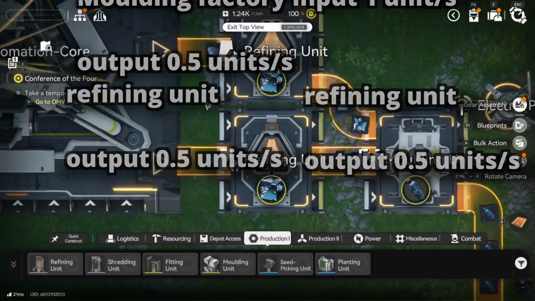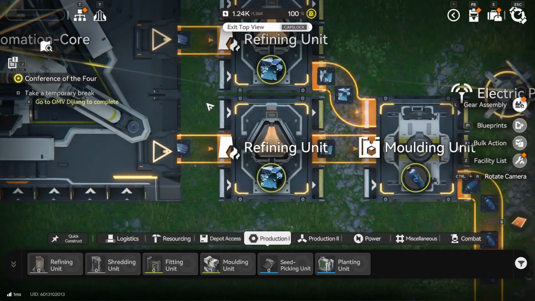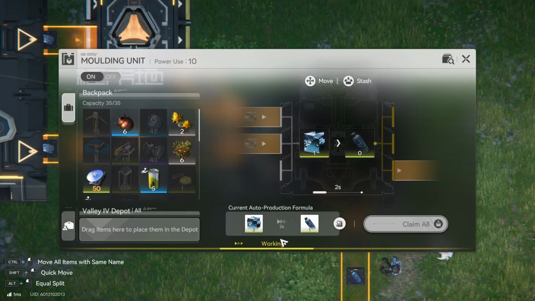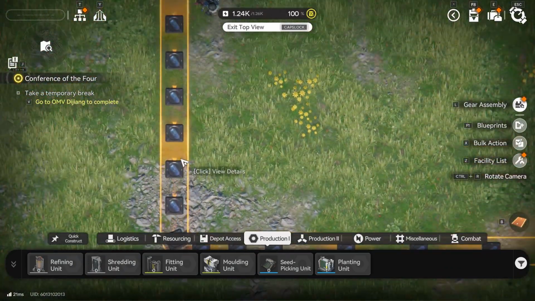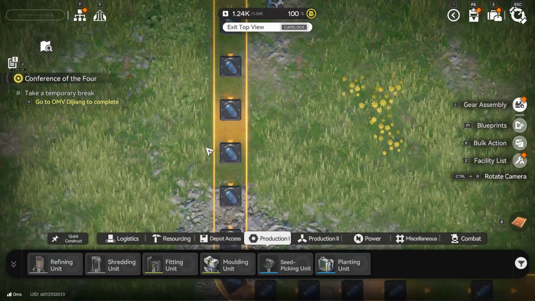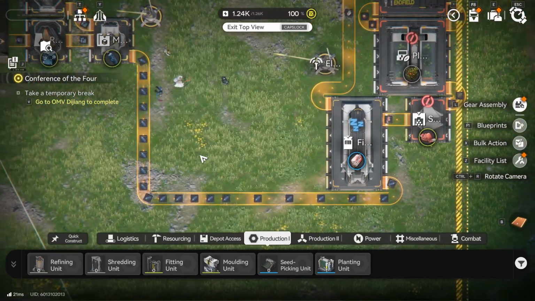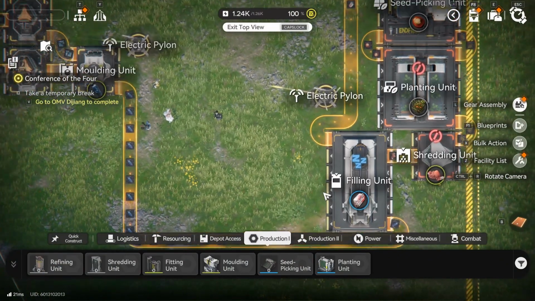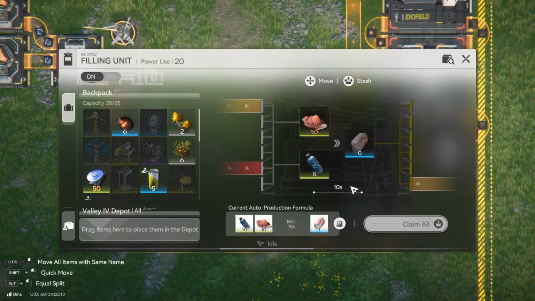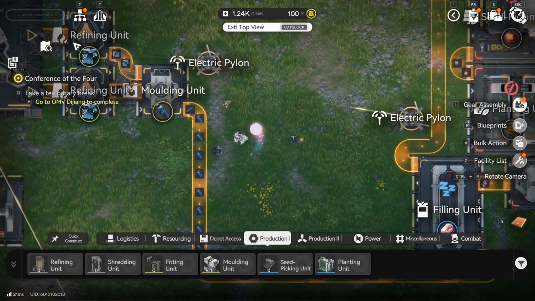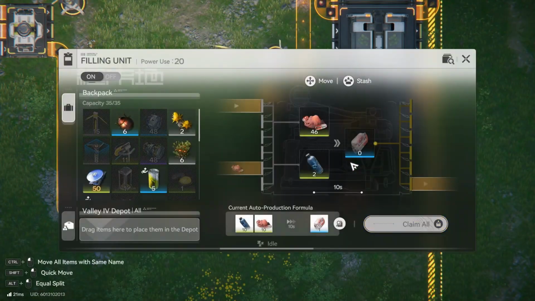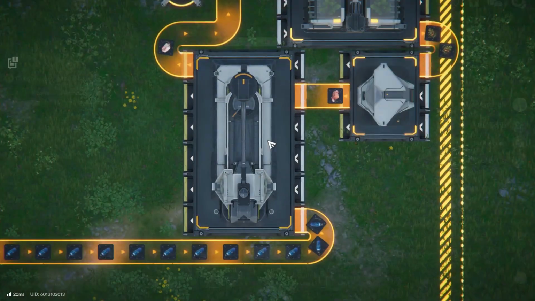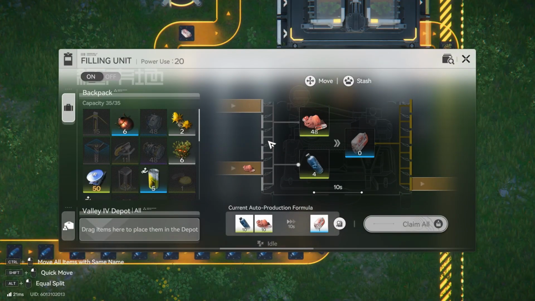As you can see right now, because 2 refining units are now powering our molding unit, it is working at 100% efficiency instead of the 50% that I mentioned. And the conveyor belt is starting to fill up. As soon as this reaches our filling unit, it will increase our production rate from 25% to 50%. So this is now working at 100%, and now our filling unit should be working at 50% efficiency.